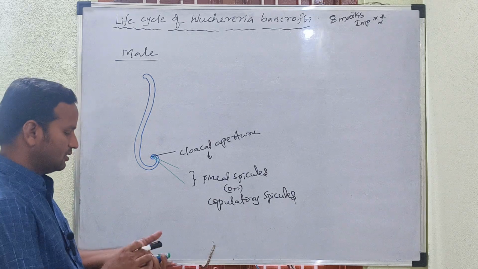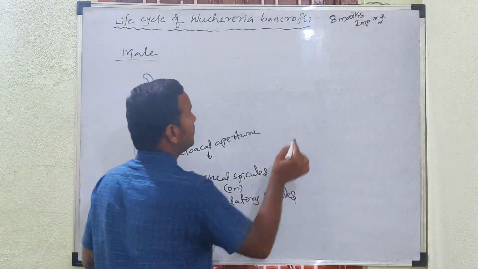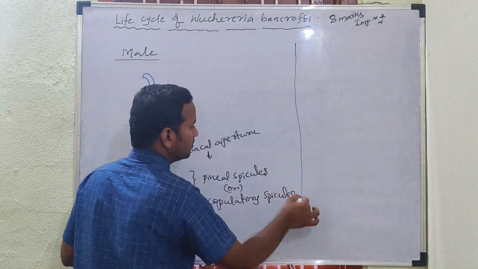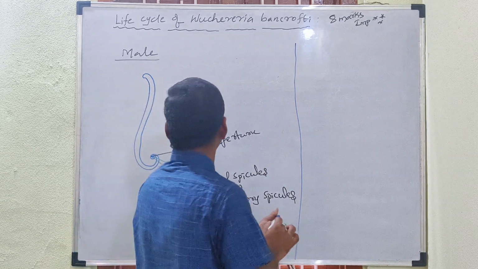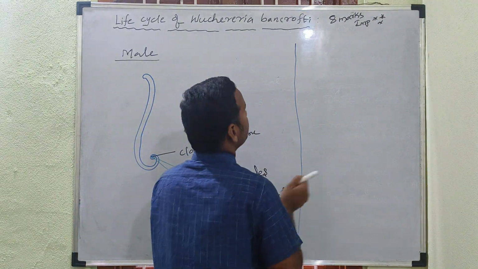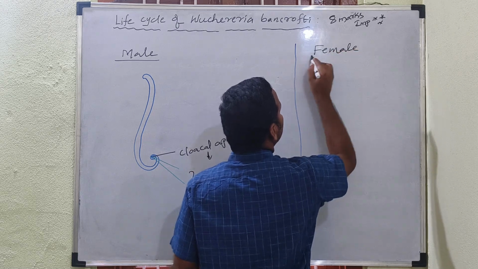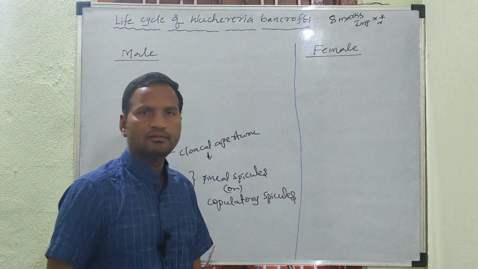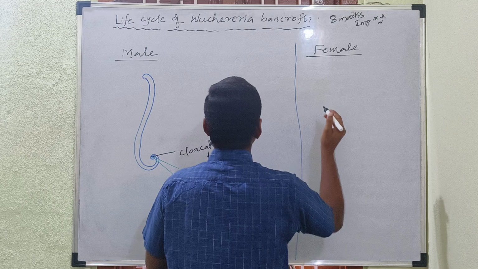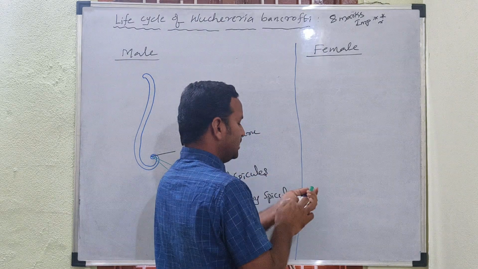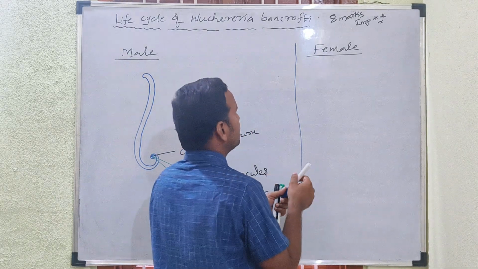Okay, right. Now come to the point. When we observe the female organism, it commonly looks like the male, except for the posterior end.